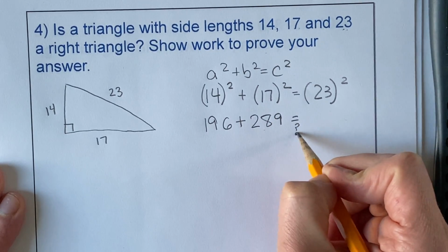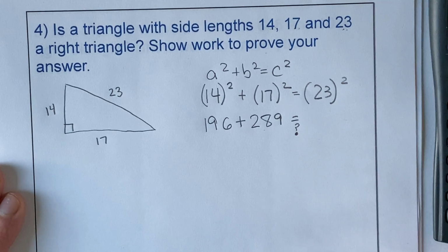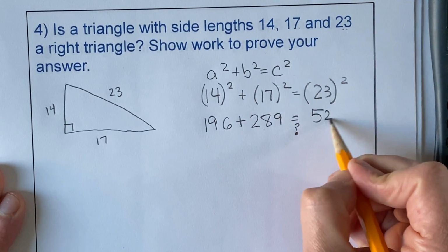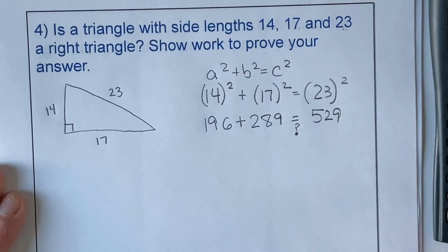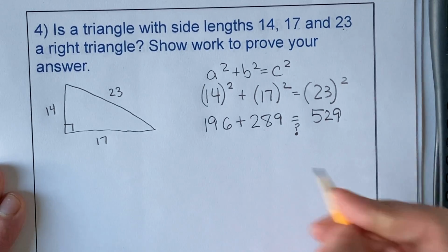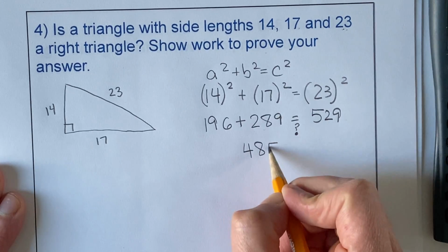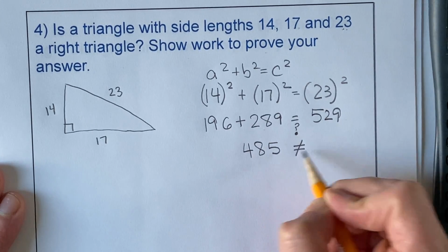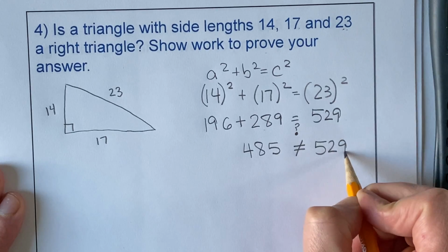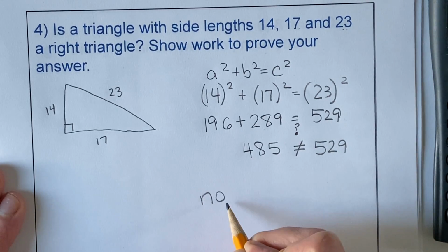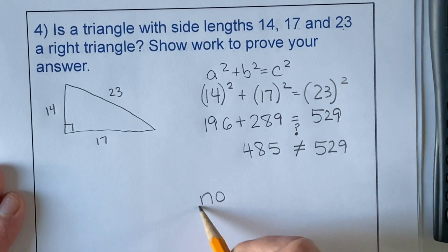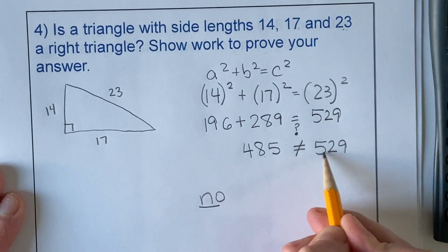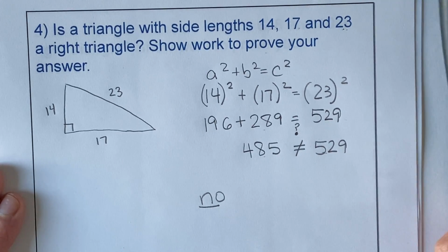And I'm really asking you if it's 23 squared. So 23 squared is 529. So 196 plus 289 is 485. That does not equal 529. So the answer is no, this is not a right triangle because these are not equal.